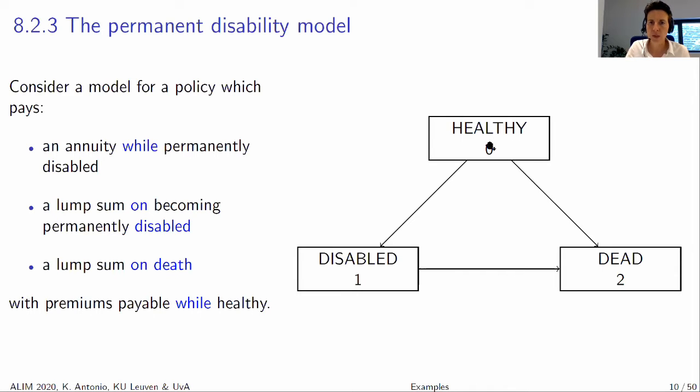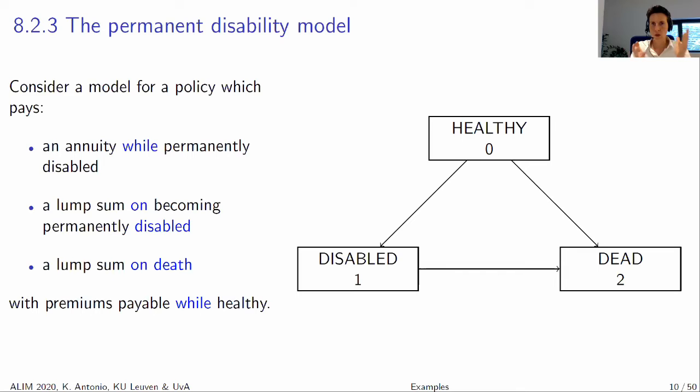We have 3 states. We have the healthy state, you're able to work, you're active. We have the disabled state, that's state number 1, and we have the dead state, that's state number 2. The only transitions possible here are from 0 to 1, from 0 to 2, and from 1 to 2. That is why it's called the permanent disability model, because we don't allow the return from disability to the active state, in this simple example at least.